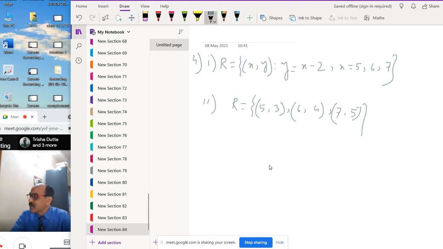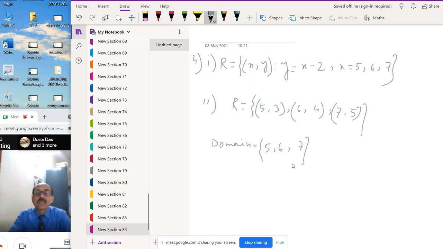And then what is its domain and range? So write its domain. Domain equal to the first elements, that is x: 5, 6, 7. First elements present in relation R. So 5, 6, 7.